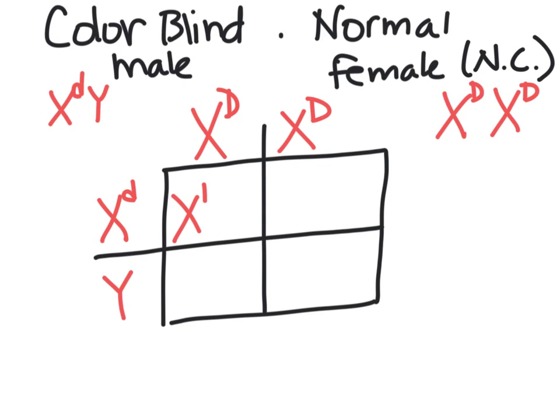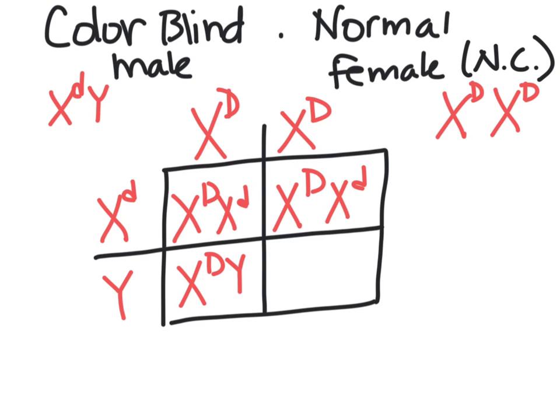So if we look here and complete our squares, bringing our X's down and our other X's across, and then our X's down and our Y across, we can see that we end up with this. Both of these will be females, and they will both have one capital D, one lowercase d.